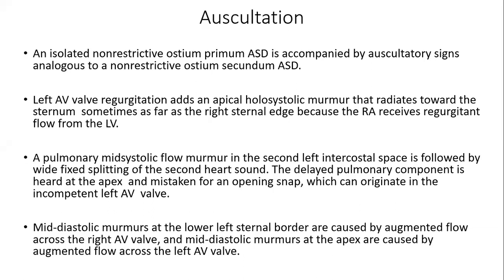It occurs in systole, and the RV impulse also occurs in systole. Both occur in systole: the RV hyperkinetic impulse due to RV contraction, and the LA impulse due to AV regurgitation. Clinically, how will you say whether it is coming from the LA or from the RV? That is the question.